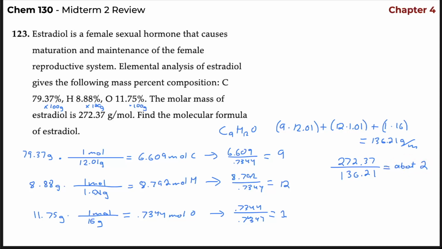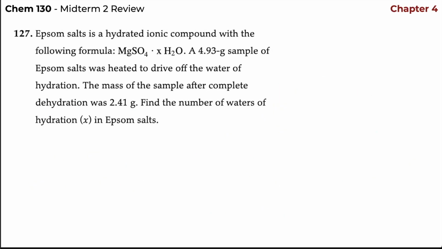So what that means is this times 2 is going to make that molar mass. So we have to multiply this entire thing by 2 to get our final answer. When we do that, we get C18H24O2, and that is our final answer. I followed a little different method than the answer key for this one, but I got the right answer, and it's what made sense to me.